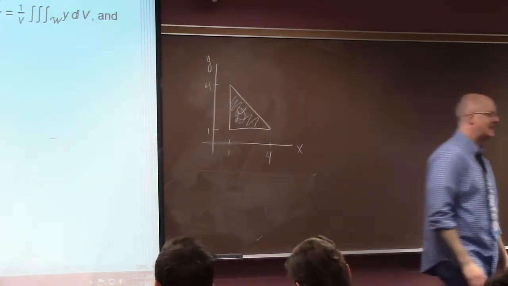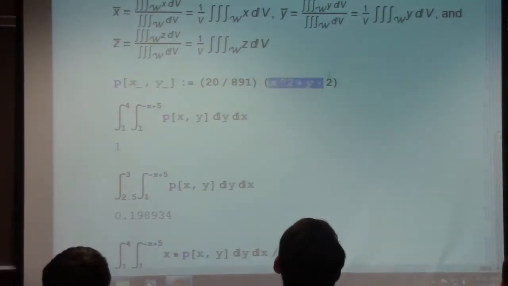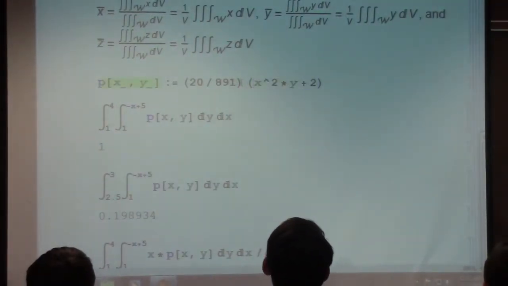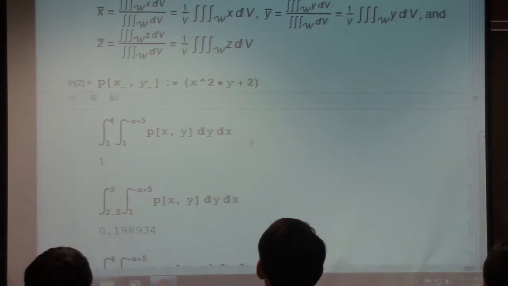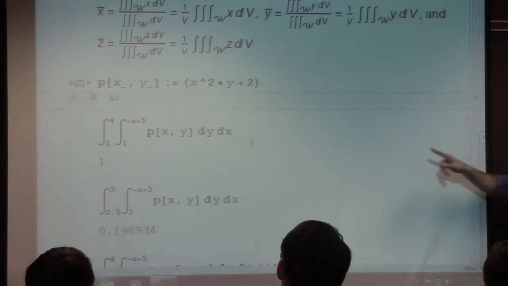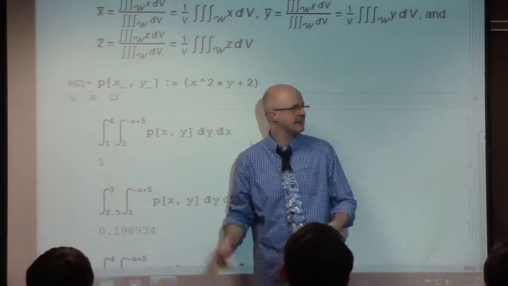Now in the last class, I just made this function up here, x squared times y plus 2, without this number in front. Let me go ahead and cut that number out, actually. And I said, okay, let's let that be p of x, y, and let's integrate that function over this triangular domain. So take a look at this integral here. Because x is the outer one, I'm treating this as vertically simple.